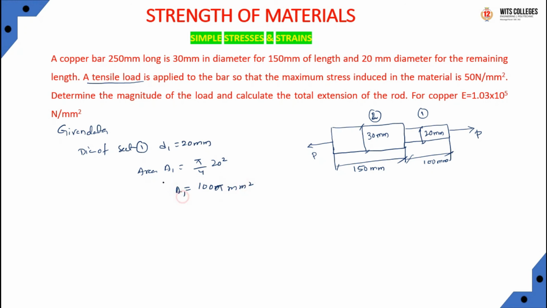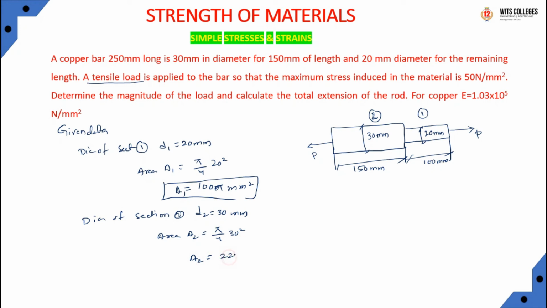Next, the diameter of section 2, that is d2 equals 30 mm, and the area a2 equals pi by 4 into 30 square, and the a2 value is 225 pi mm square.